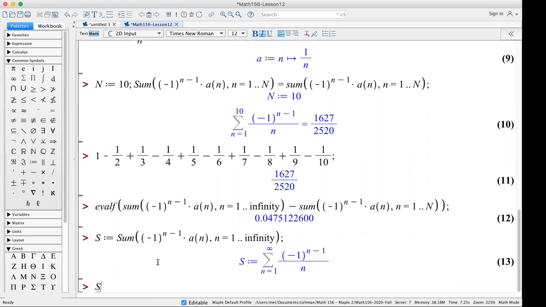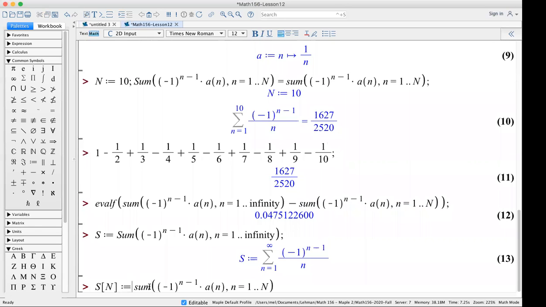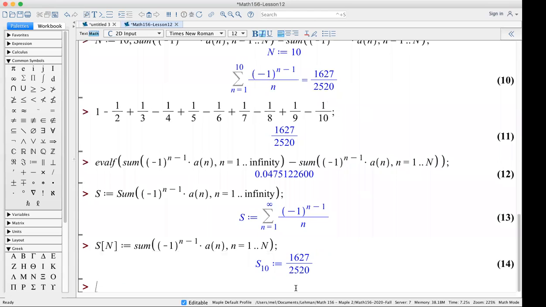And suppose we let S n be the finite series, the partial sum of the first n terms. Oops.